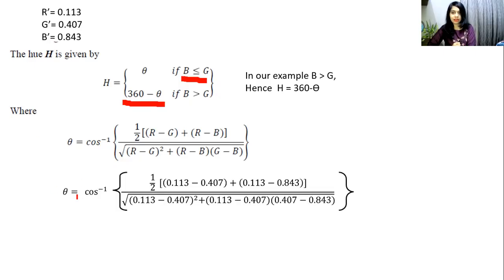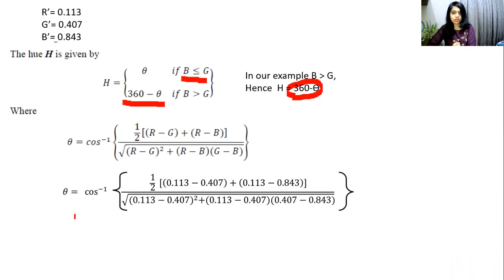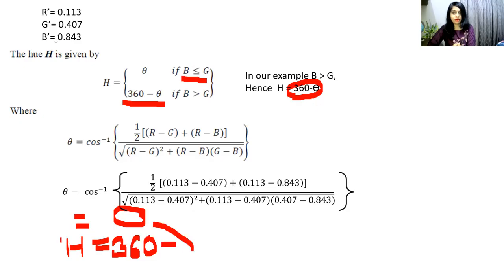Theta is equal to cos inverse of, and then put in all the values and solve this equation. After solving, subtract it from 360. Here I have not done the final solution. So solve this formula, you will get some value. And then for calculating H, you have to take 360 and subtract this value, whatever you get here, and you will get the value of H.